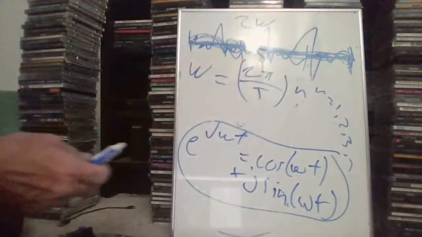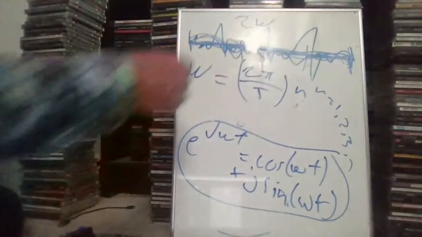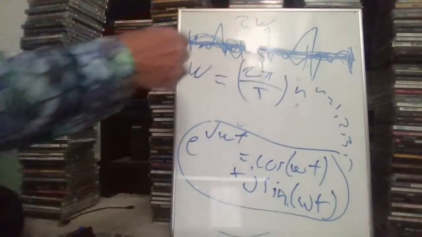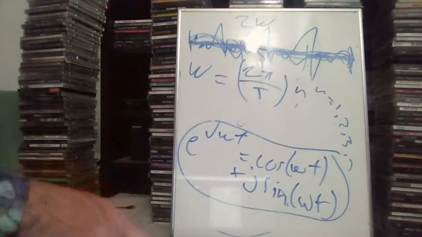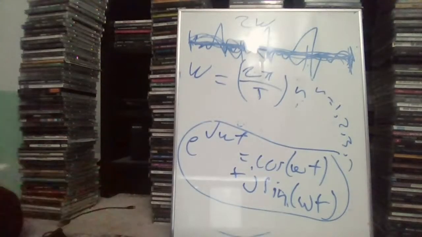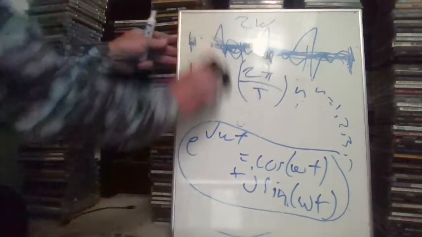All overtones, all multiples of the fundamental frequency, because the periods are getting smaller by factors, while the frequency gets larger by multiples. See that?